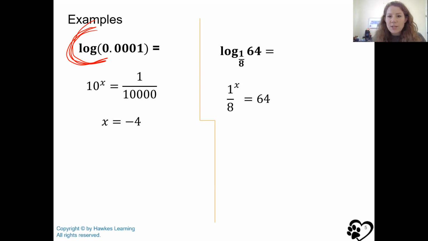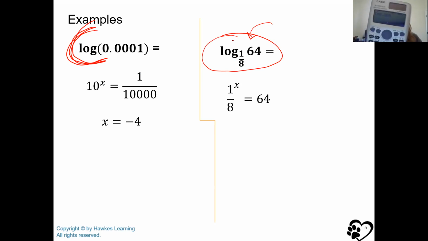Now this one, this problem right here, I'm going to show you in a few minutes how to do, probably actually the next lesson, probably either Wednesday or Thursday. I'm going to show you how to find the answer out if you don't have the Casio that changes your log bases. If you have this calculator, you can type in this problem exactly like it's written.